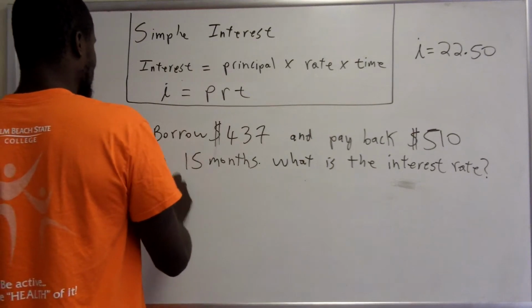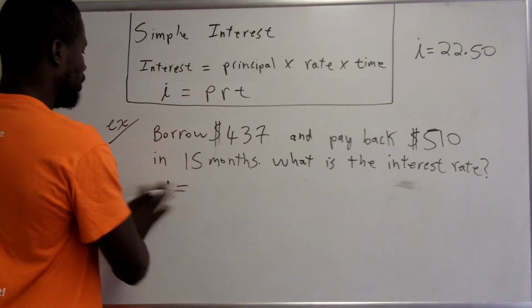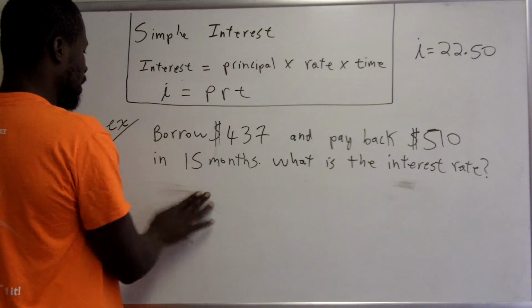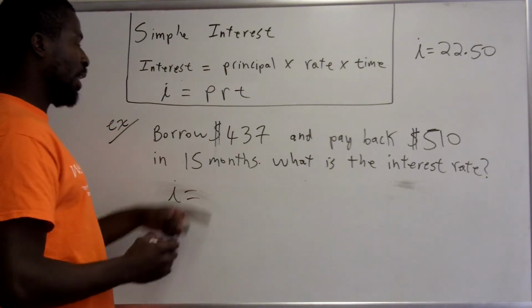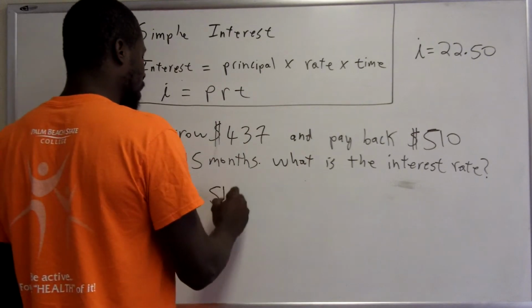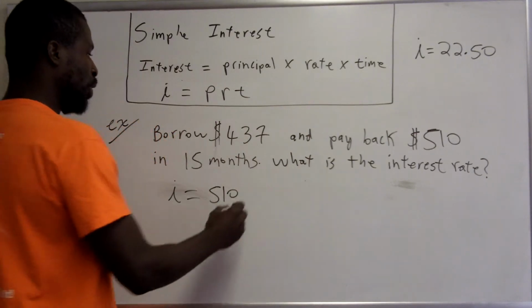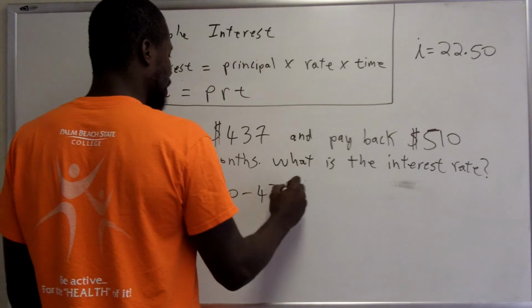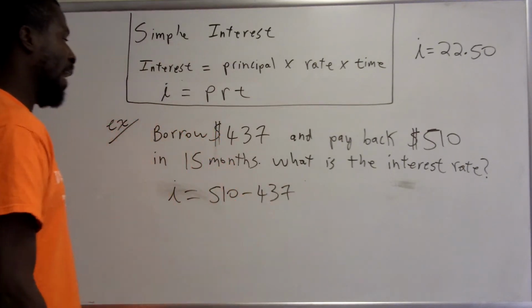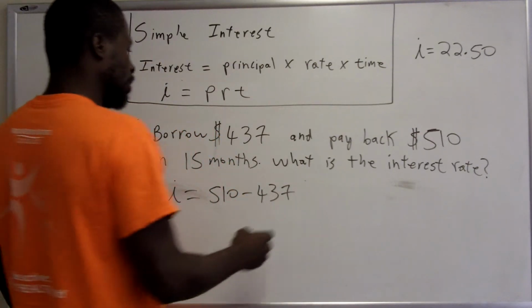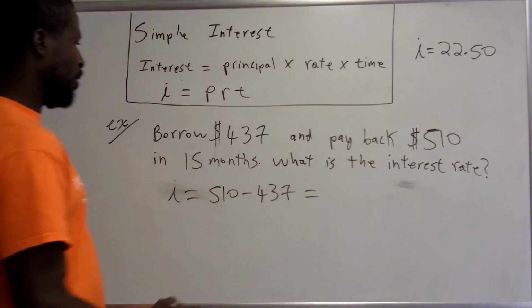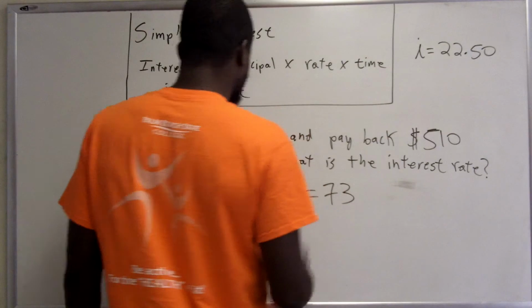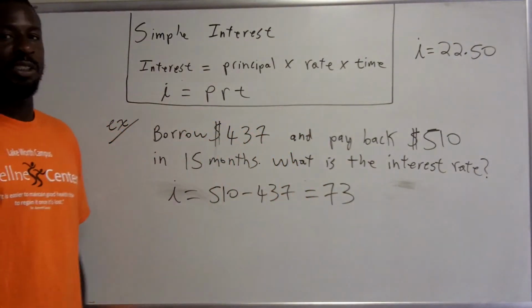So in order to find the interest, in this case, I'm going to take the $510 that I paid back, and subtract off the $437 that I was actually loaned. So that's going to be $73. So we paid $73 in interest.